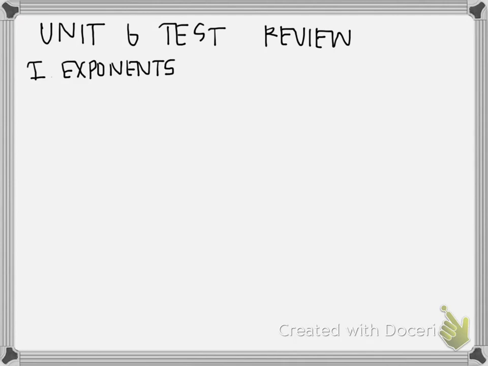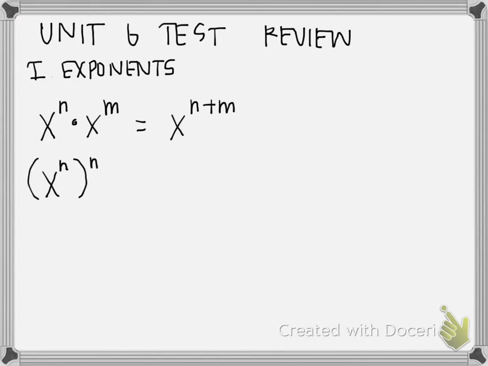So rules of exponents, remember, if you have like bases, you can add the exponents, and you're multiplying them together. If you are going to raise, my power rule, if you're going to raise an exponent to another power, remember you can multiply those exponents.